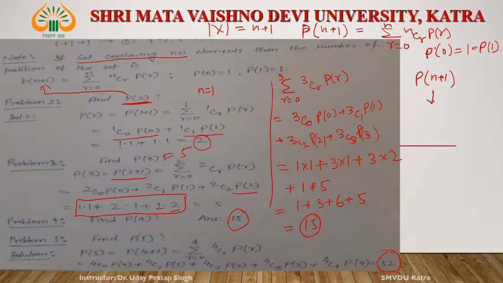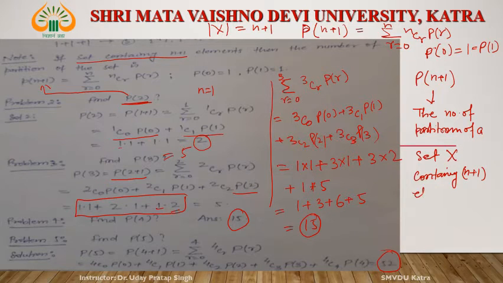the number of partitions of a set X containing n plus 1 elements, right?